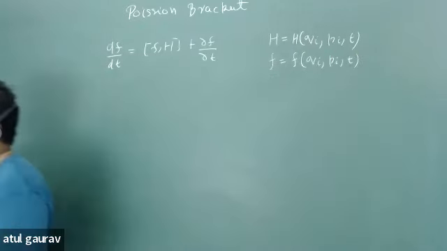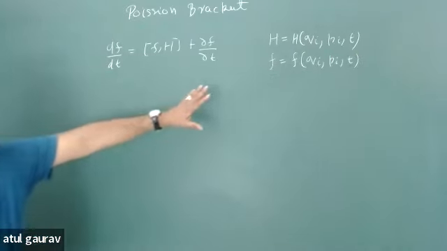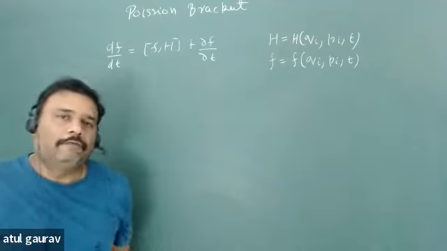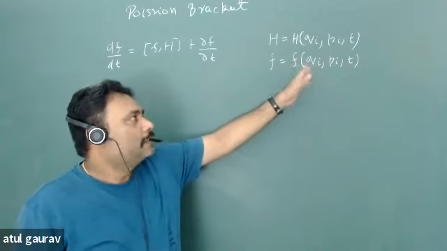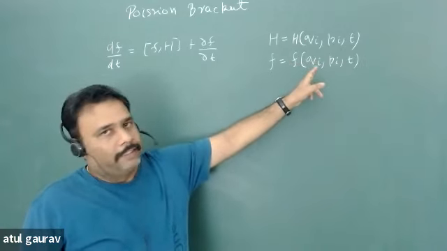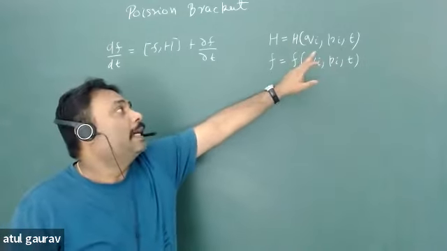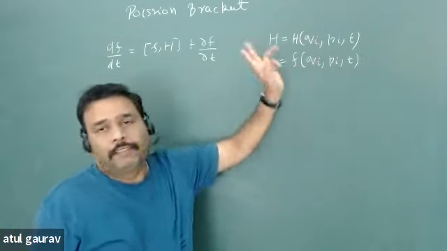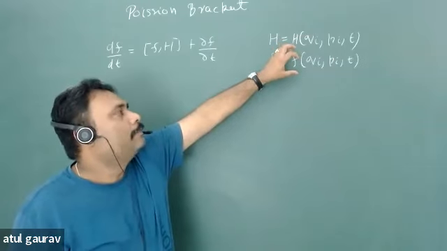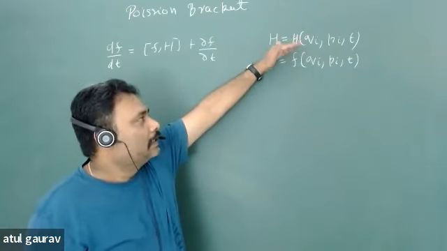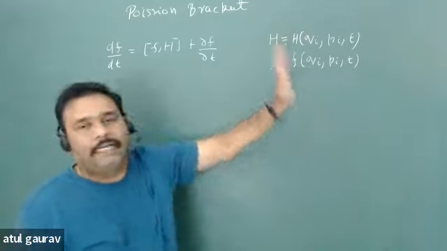So we always have to take care of these two things. In the last class, some students asked whether f should be a function of the generalized coordinate or generalized momentum, and whether that variable is also related to the Hamiltonian. So we can see the basic interconnection between H and f.